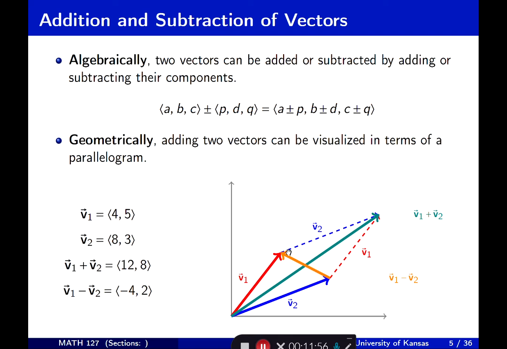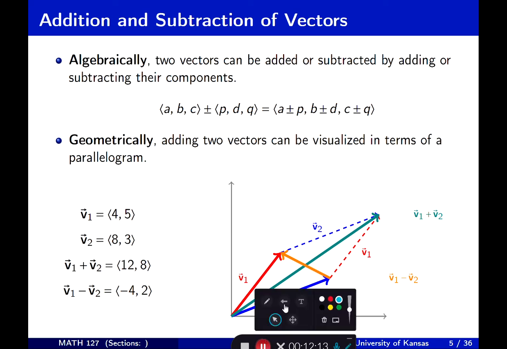And so the orange vector is going to be v1 minus v2. That was the picture geometrically.